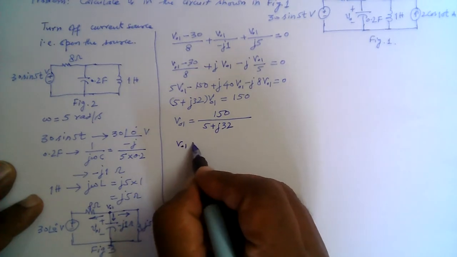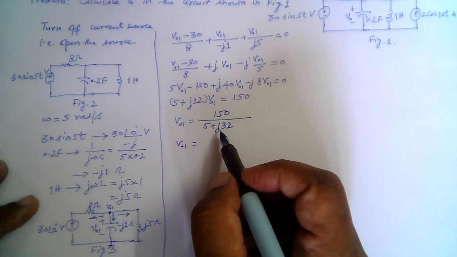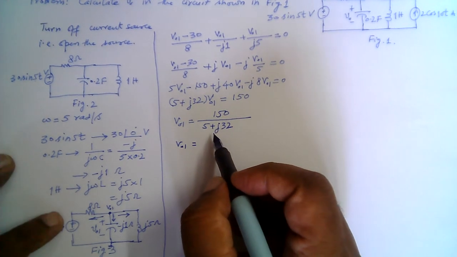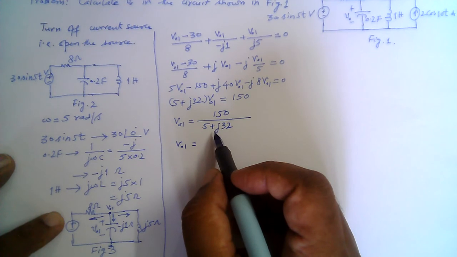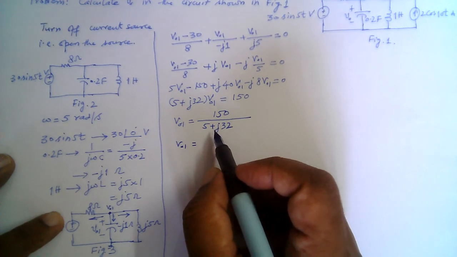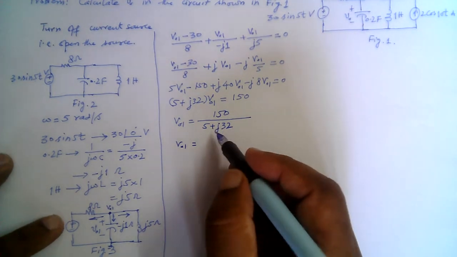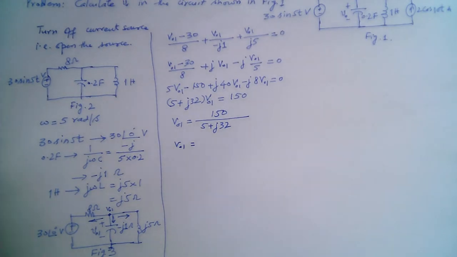So V01 is equal to 150 divided by (5 plus J32). The complex number in the denominator is in rectangular form. It will be better if we transform this to the polar form, and then we perform the division.